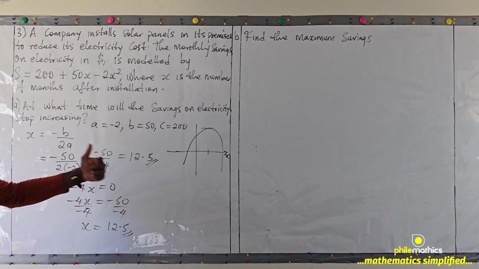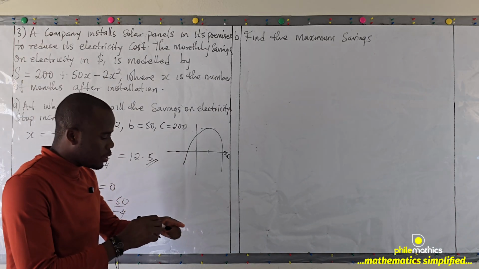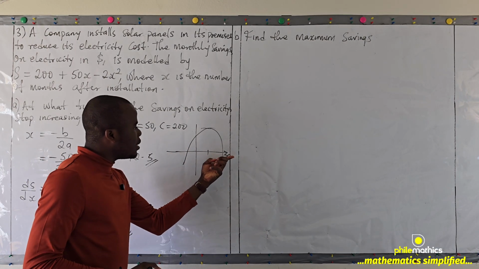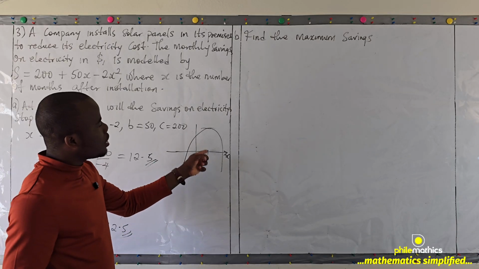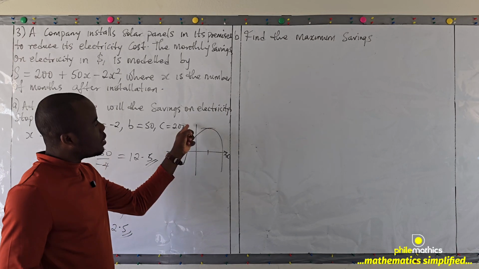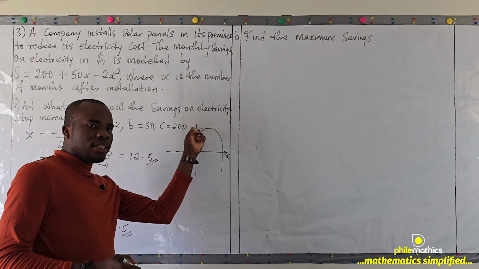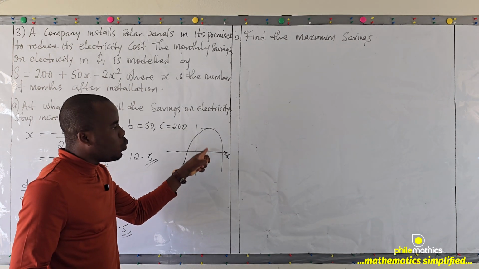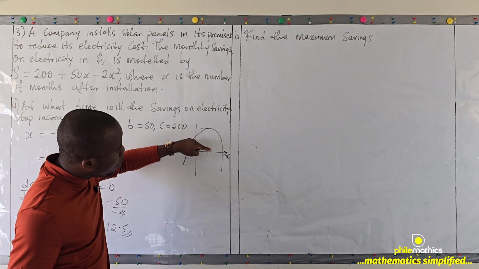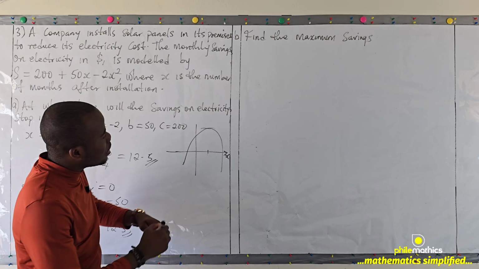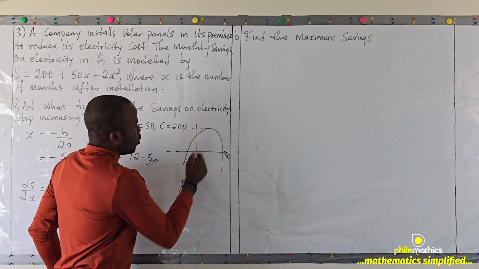Now, the second question asks us to find the maximum savings. So, whilst this is the month, the maximum savings will be the corresponding y coordinate of this point where it stopped increasing, because this is where the maximum is. So, what is the corresponding coordinate here?